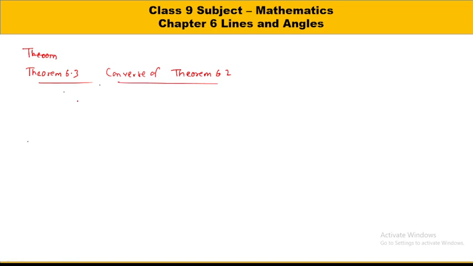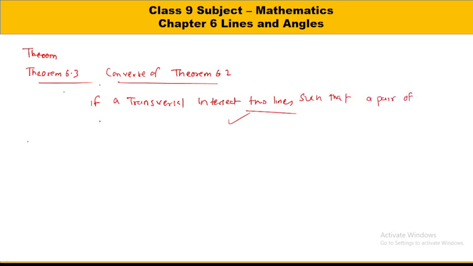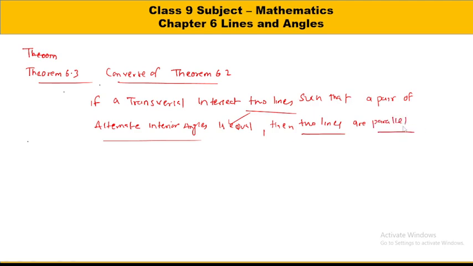In this it is given that if a transversal intersects two lines, and we do not know whether these two lines are parallel to each other or not, such that a pair of alternate interior angles is equal, then the two lines are parallel.